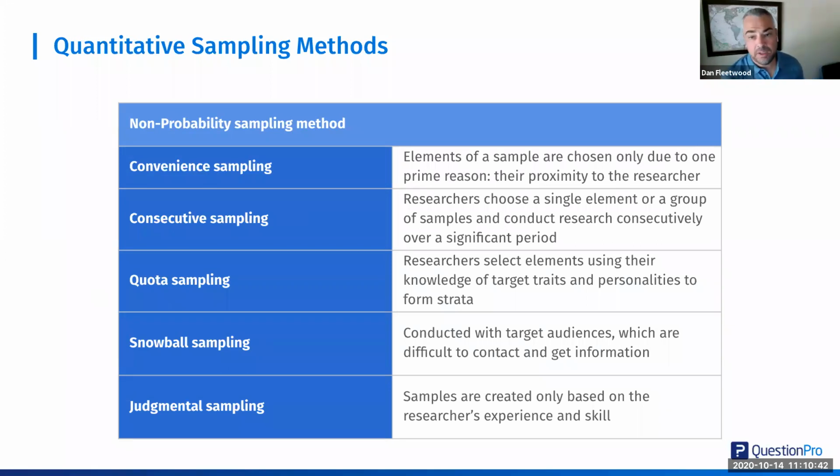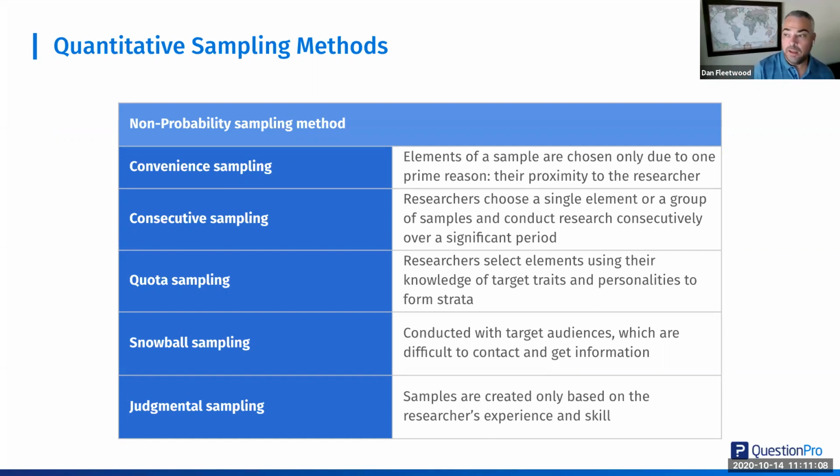So convenience sampling, the elements of the sample are chosen only due to one prime reason. And that's really, hey, it's convenient because they're close to me or I have easy access to the particular sample. And then there's consecutive sample and quota sampling, which obviously a lot of surveys do, where you just need this quota maybe for this target and this quota for another target.